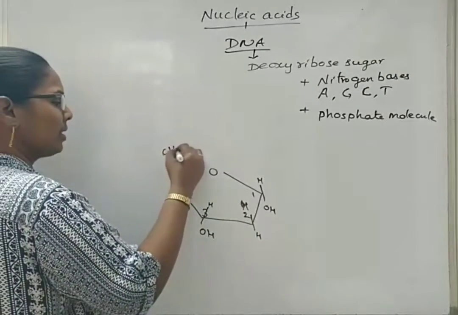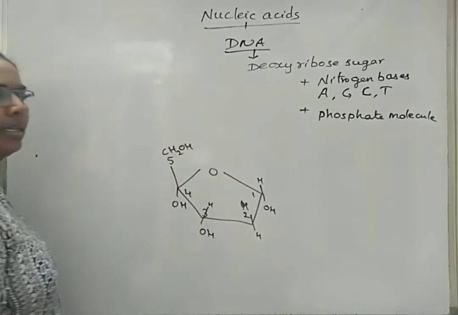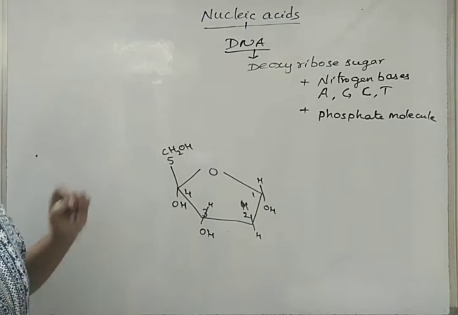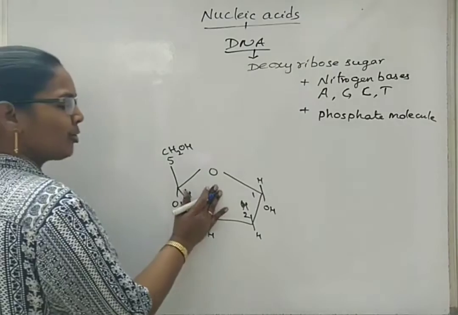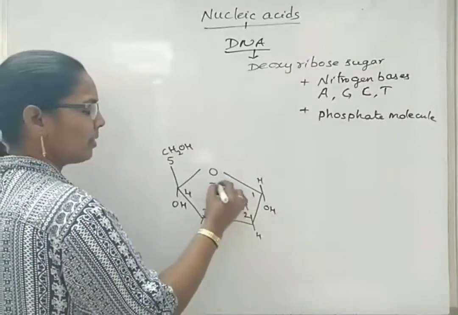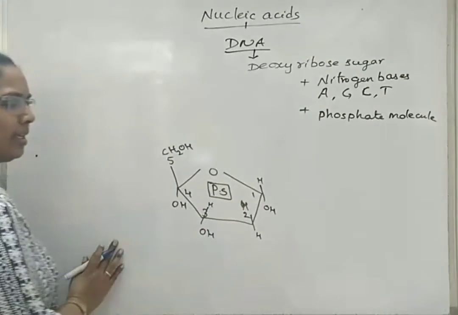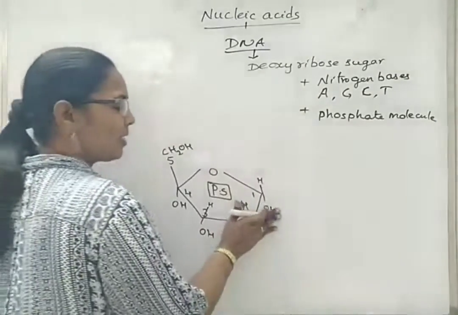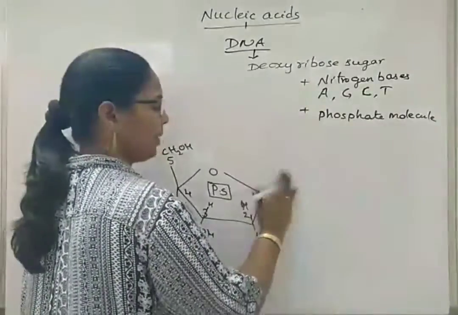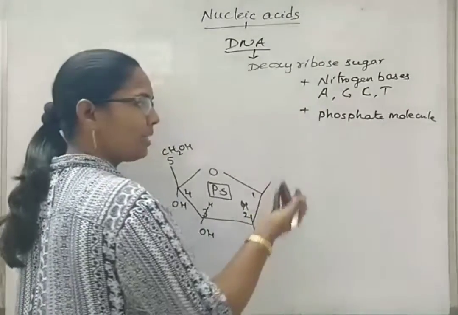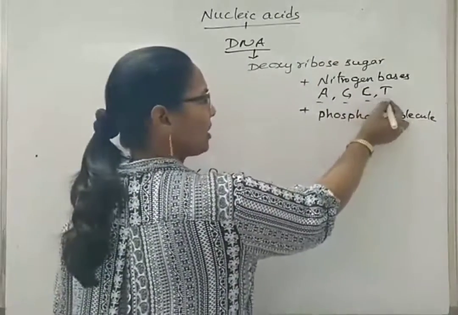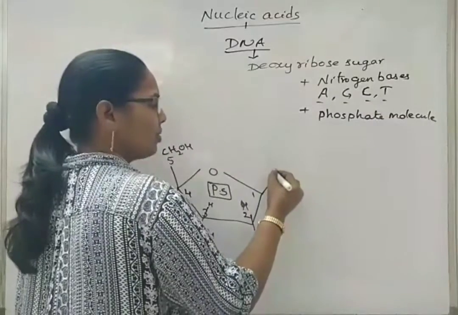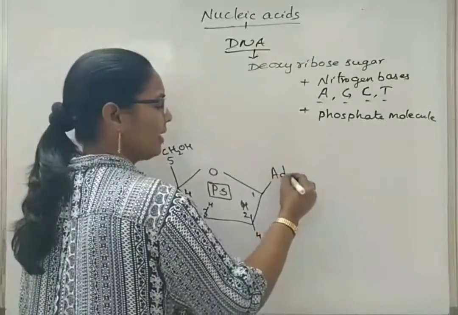Here the molecule is CH2OH at 5th carbon. So the pentose sugar we have represented. I am writing pentose sugar as PS. I told you at carbon 1 position it is attached with a nitrogen base. For suppose it can be either adenine or guanine or cytosine or thymine. So for suppose we will take adenine.